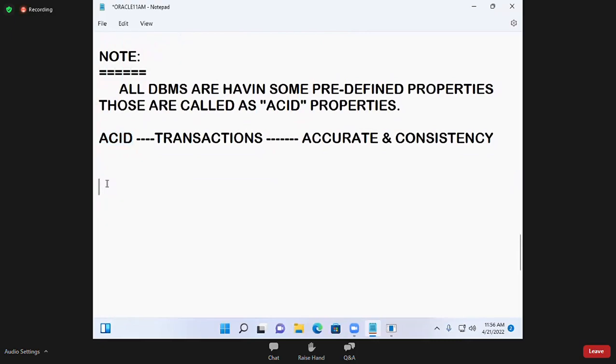The first one is called A. A stands for atomicity. Here, atomic means a single, or else we can say one.